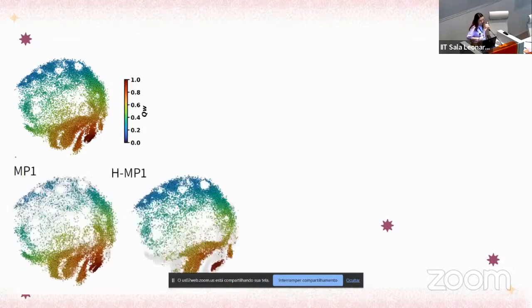So each time you run it, you have a slightly different projection, but you can see the same folded basin as you saw before, separated by some local signatures, and the folded basin on top. If you separate by MP1 and HMP1, you can see that MP1 also populates the folded basin more.